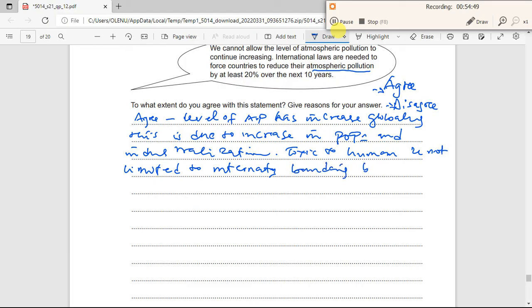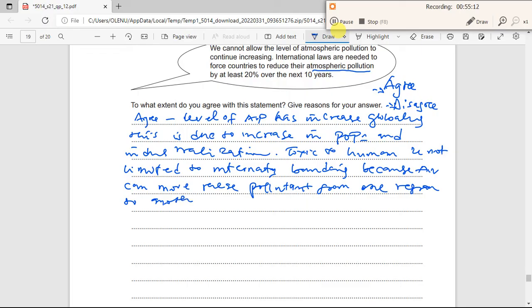Why? Because air can move this pollutant from one region to another region. So everybody is affected.